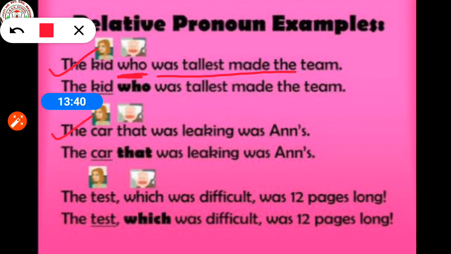The car that was leaking was ants. Here that joins two sentences. The test which was difficult was 12 pages long. Here these two sentences relate with which. So I hope you understand what relative pronouns are.